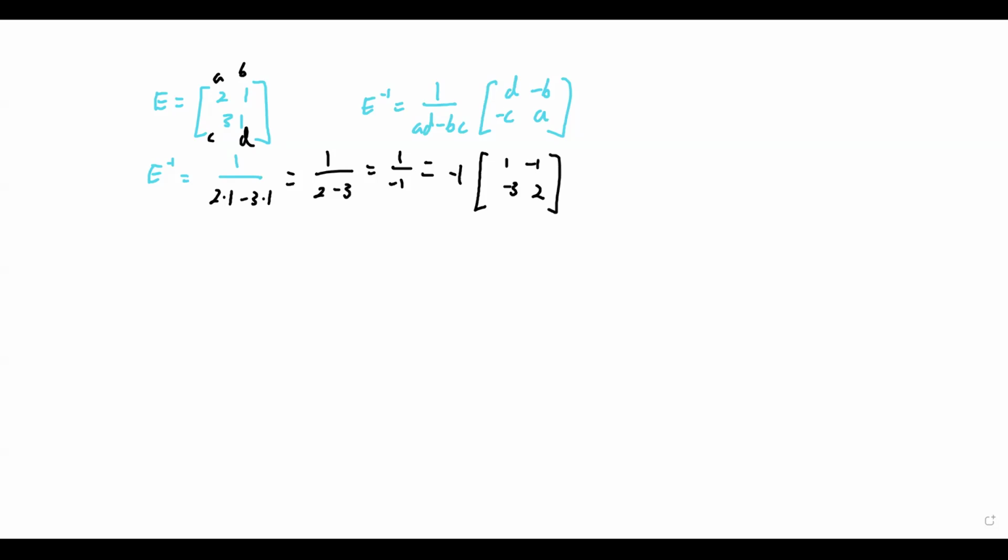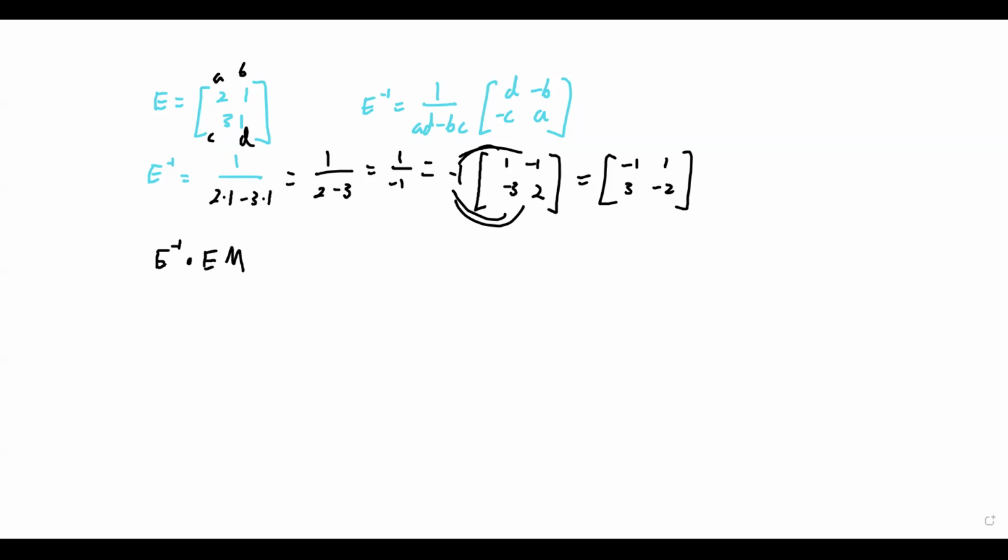All right, after this, take this scale factor, distribute it in. What is that -1 going to do to all that? Just change the sign. So this is now a -1, +1, +3, -2. I now have my decoding of my code so I can figure out my message. So now I'm going to take this E inverse, and I'm going to multiply it to that message that was sent to me, which is technically EM, right?